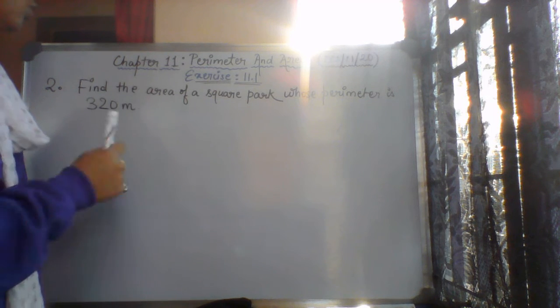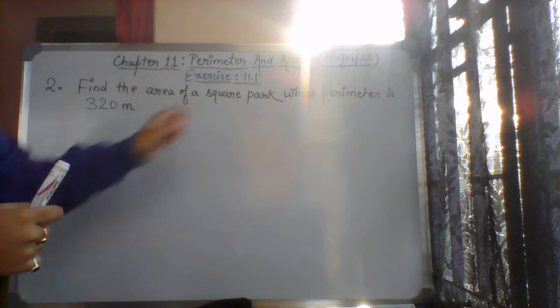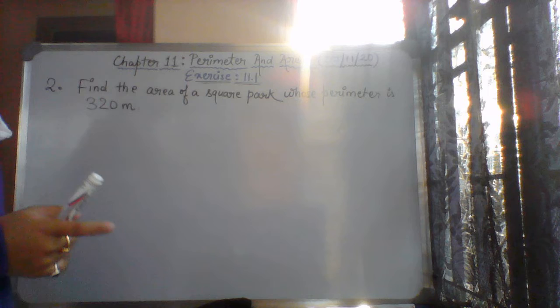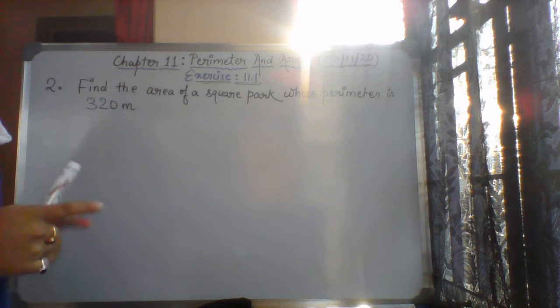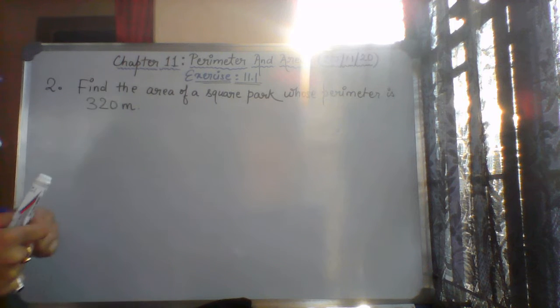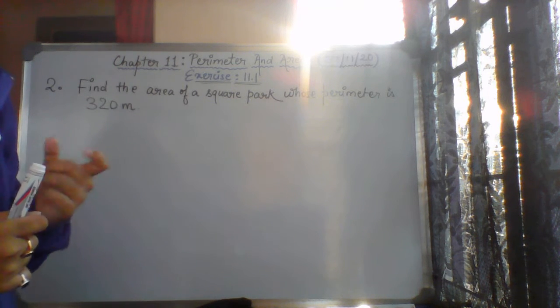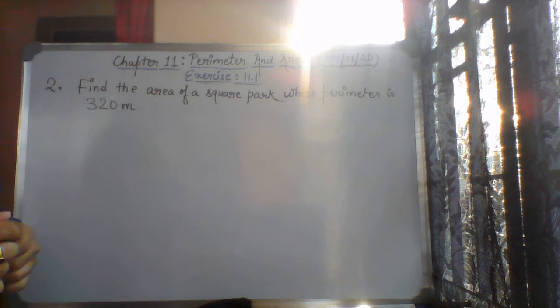But the question does not contain the value of the side of that square park. But they are indirectly giving the side. How? They are giving the perimeter. So you have to think how you can find the side using the perimeter.